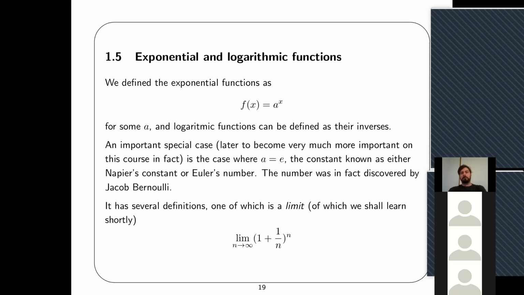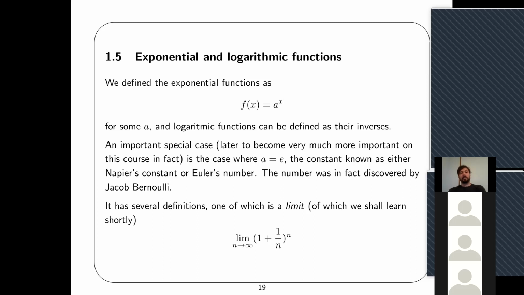Depending on where you are from, it's either the Napier's constant or the Euler's number. In fact, the number itself was discovered by Jacob Bernoulli. So it's got a long history and several definitions with which we can operate.